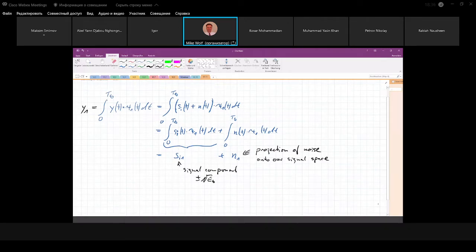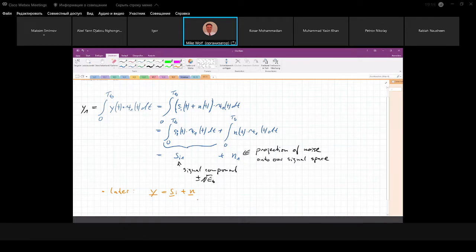So in a more general way, later we will see that if we use several correlators, because we have a multidimensional signal space, the most important case for us is the two-dimensional case. Then we can talk about quadrature amplitude, and then we have basically the signal vector plus the noise vector. So we see if we wouldn't have noise, the received vector is just equal to the transmit vector.